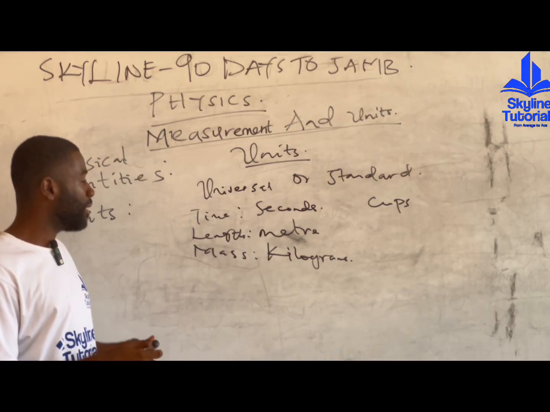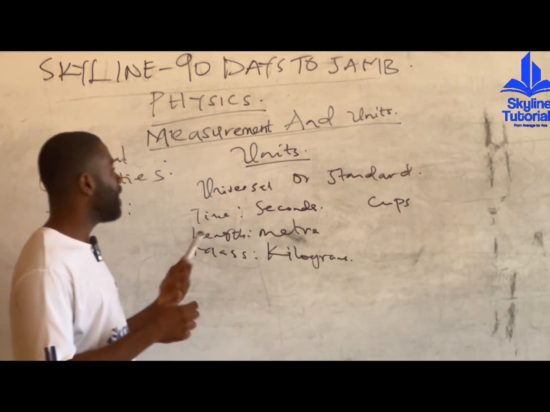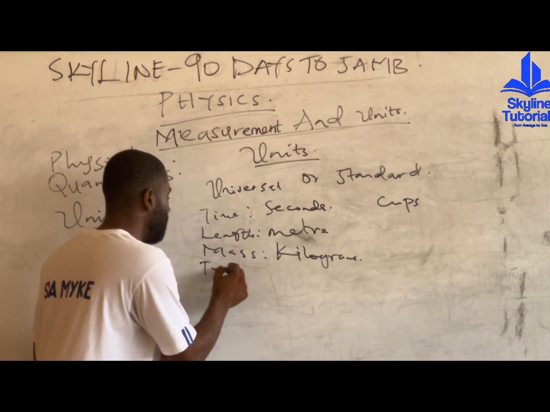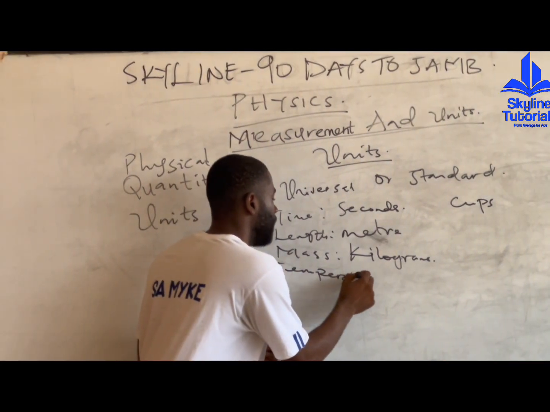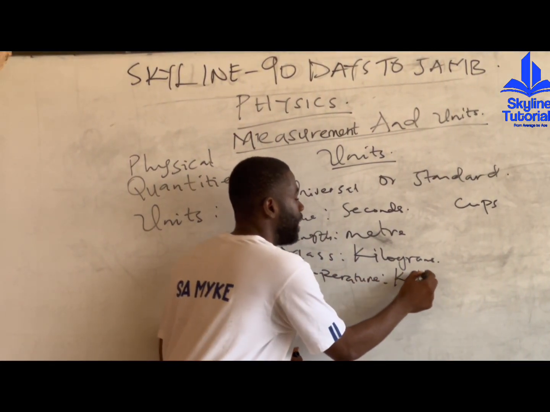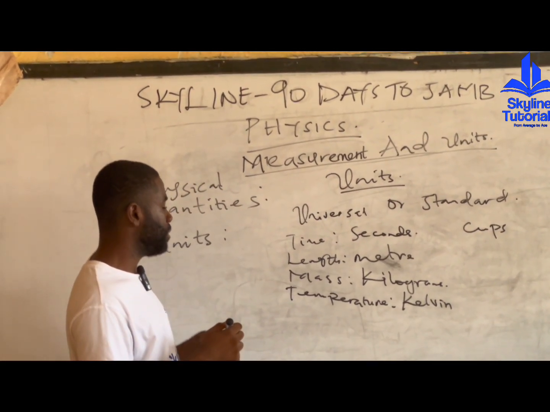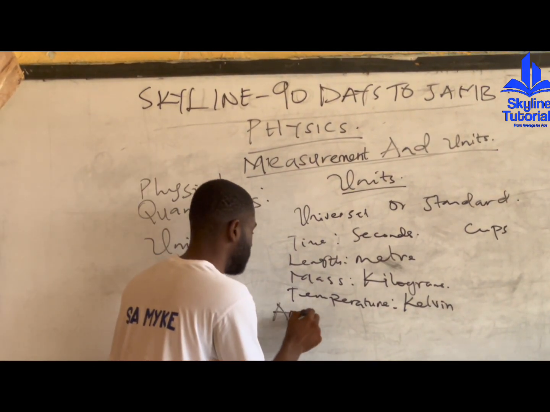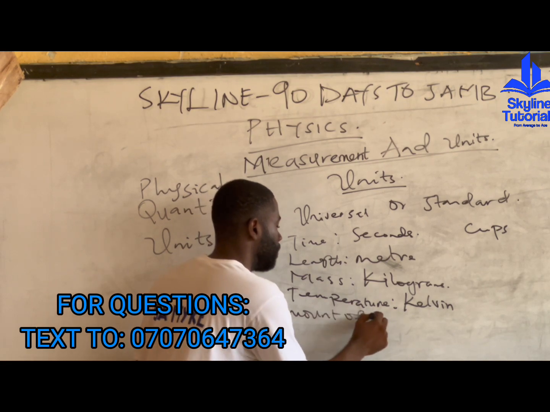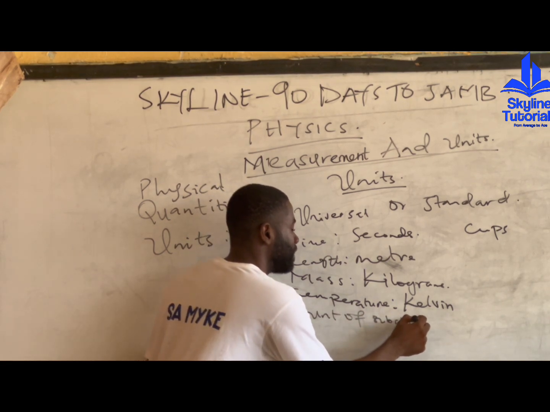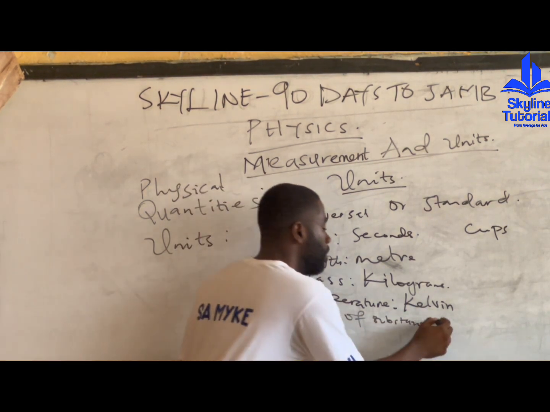Okay, so basically these are the units for the three most important fundamental quantities. Let's mention the others that you ought to know. Another fundamental quantity is temperature. The unit for temperature is Kelvin. Another fundamental quantity is amount of substance. Amount of substance is measured in moles.